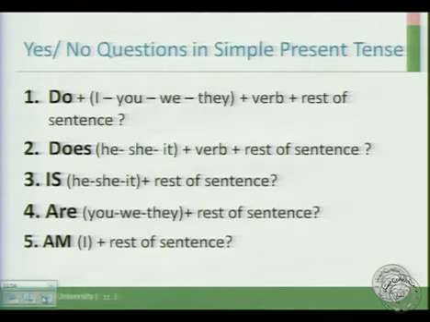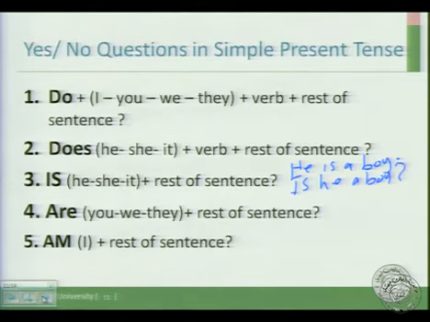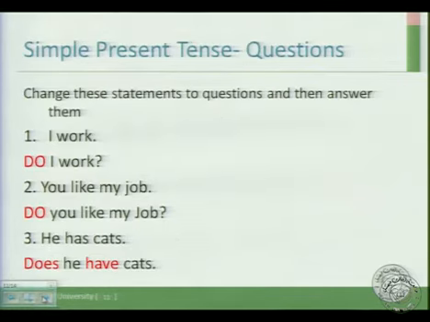For example, he is a boy. It becomes, is he a boy? Question mark. So we just move is, am, are to the beginning of the sentence, and we have a question. And we should not forget the question mark at the end of the sentence.